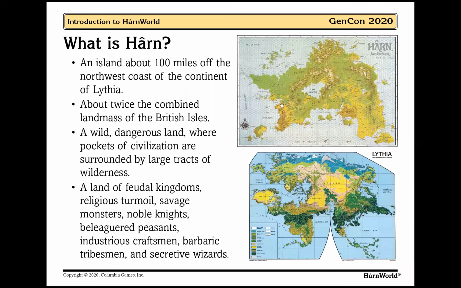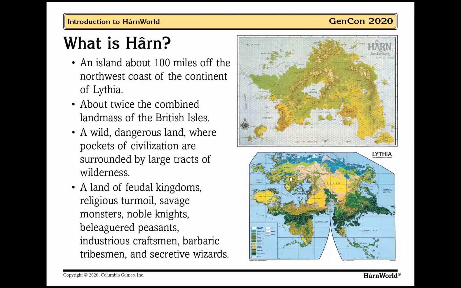So the island of Harn, which is this little square right up here off the coast, is where 90% of the material has been published. Up in this area to the northeast of that, you'll see the analog to Scandinavia, which in the HârnWorld setting is Ivinia. There's been a number of products published about that as well. But the farther away from Harn you go, the less information has been published.